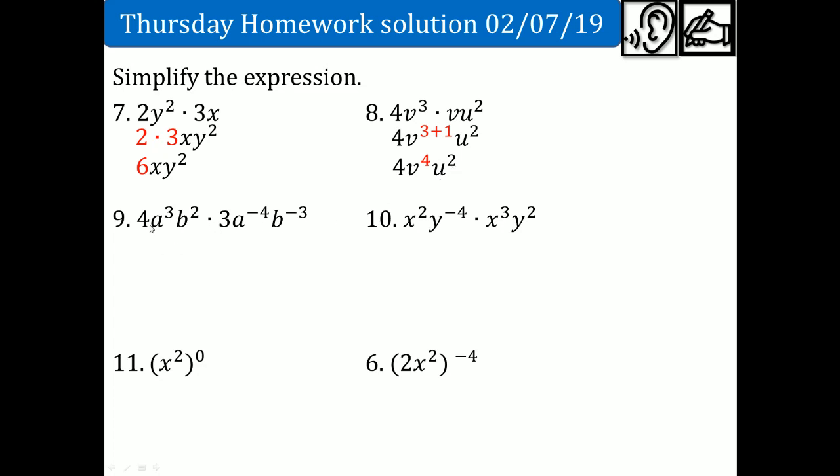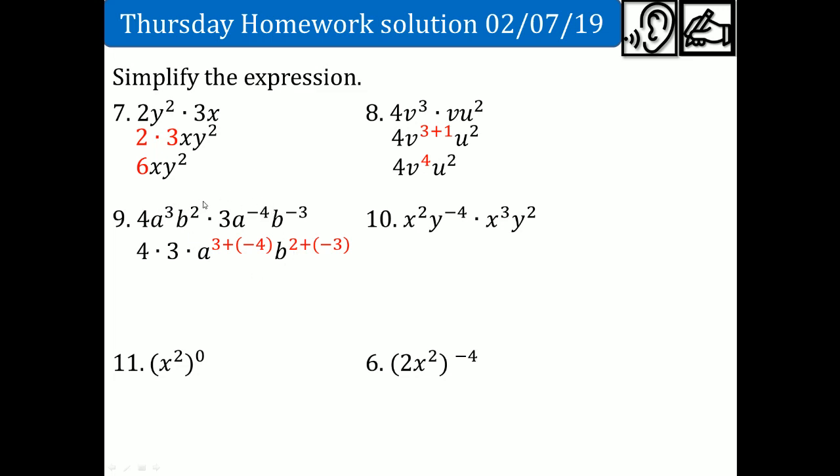Next one. 4 times 3, a to the 3 minus 4, and b to the 2 plus negative 3. That's what happened. Again, let me repeat that. 4 times 3, right? You worry about the constant, then look at the variables. A here, so you combine the powers: 3 plus negative 4.